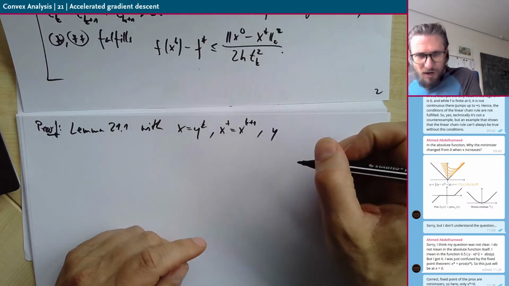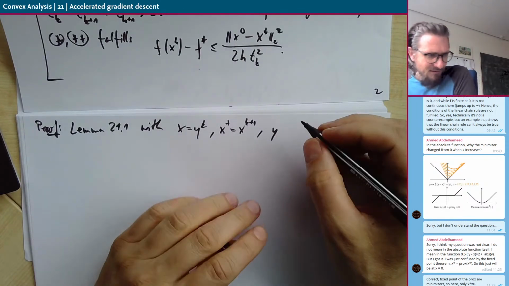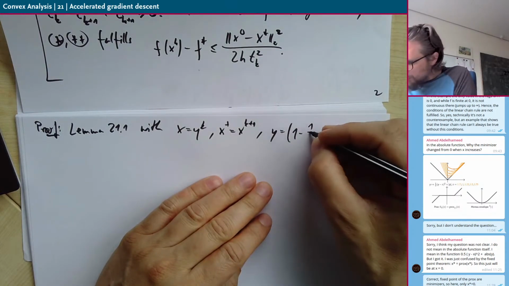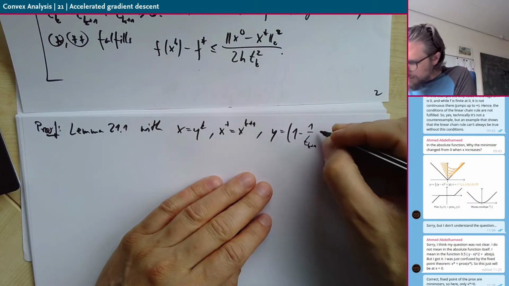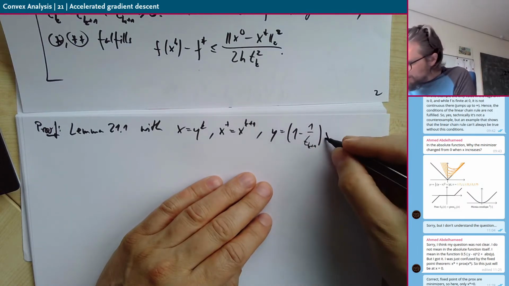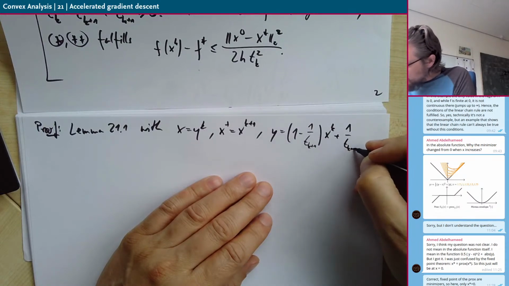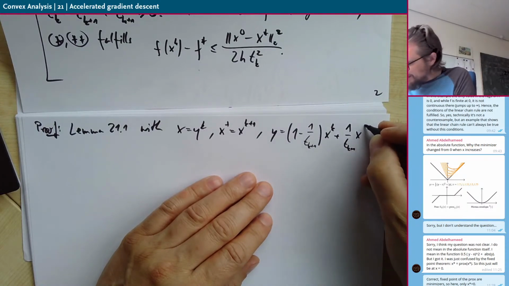But as the y in the lemma, we use something a bit strange, which is 1 minus 1 over tk plus 1 times xk plus 1 over tk plus 1 times x star.